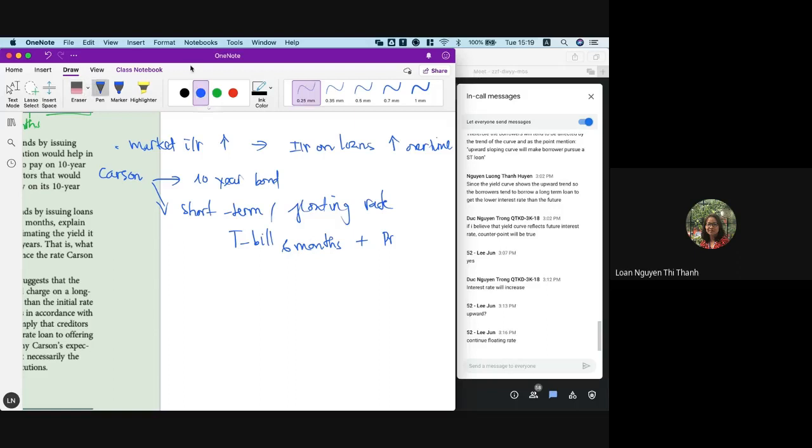They could issue commercial paper or CDs or something like that, a security with a floating interest rate. Okay.